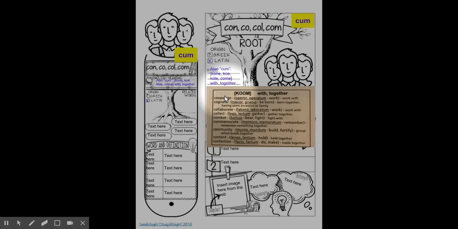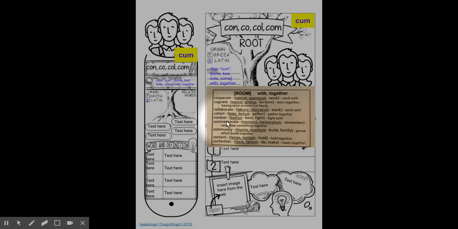So col keeps its form, and then labor or laboro, notice it keeps its form. So it's a compound word, and that's why the L's are doubled. Same thing with cooperate. Co is a root, and operate is a root. So that's why we double the O.